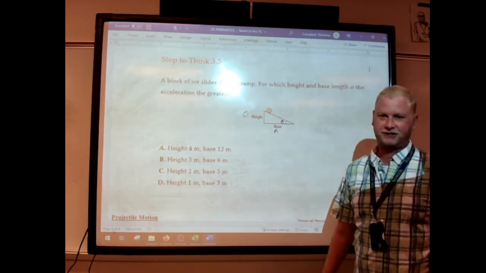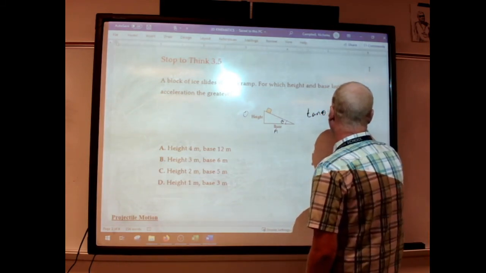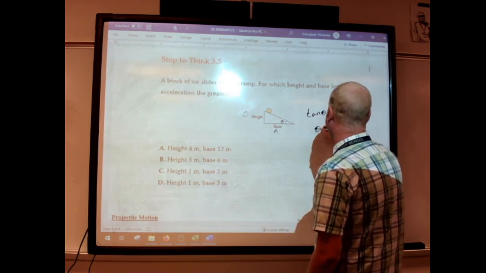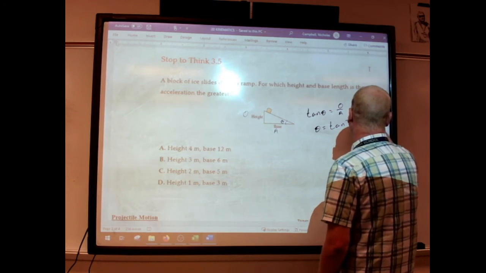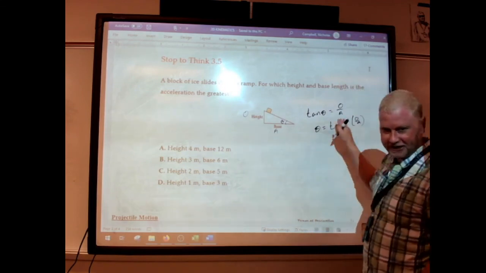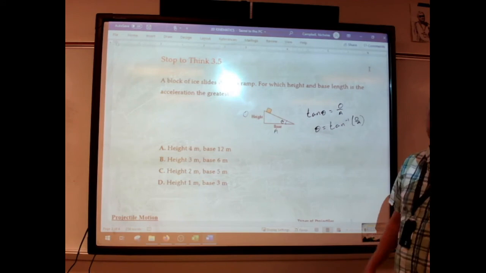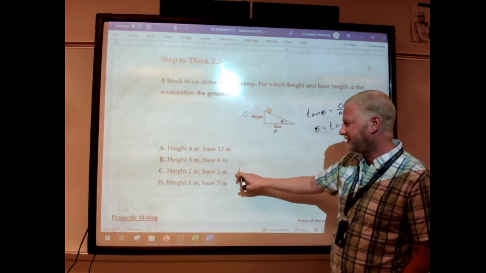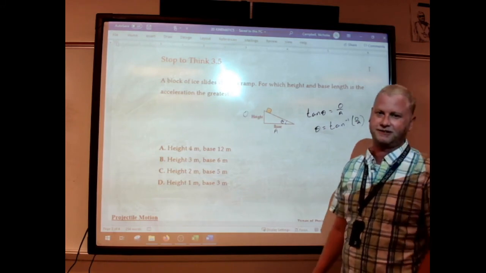If you look at your trig functions, tangent of theta equals opposite over adjacent. So theta equals inverse tangent of opposite over adjacent. Now that you've rearranged your equation, you can just quickly pop these into your calculator, find the angle for each one, and whichever one has the greatest angle is going to have the greatest rate of acceleration.